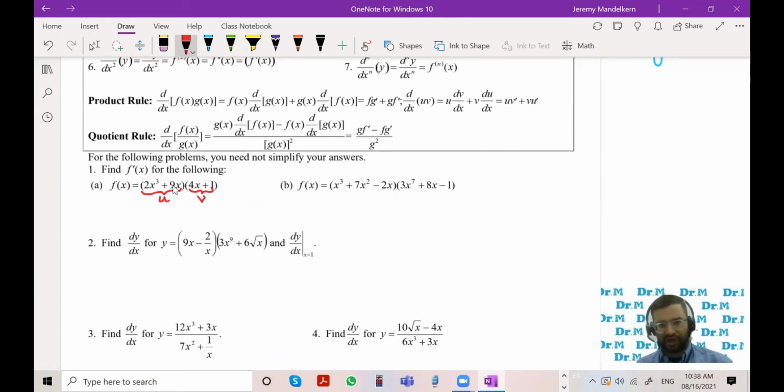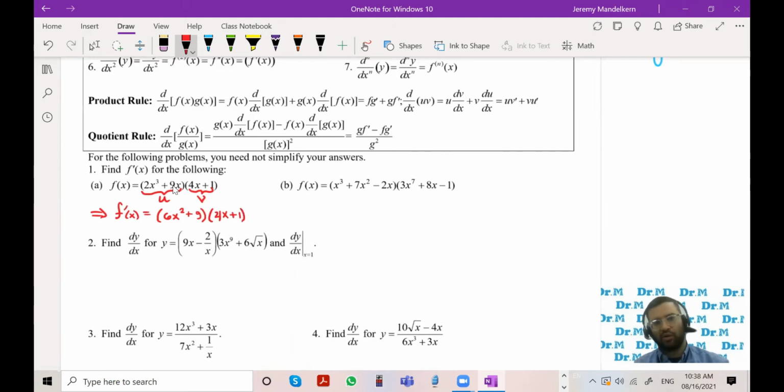Now it's a direct application of the rule provided on the tail end. So we have, that implies that f prime of x is equal to, I'm going to do u prime, which is 2 times 3, so that's 6x squared plus 9, multiplied by v as it is.